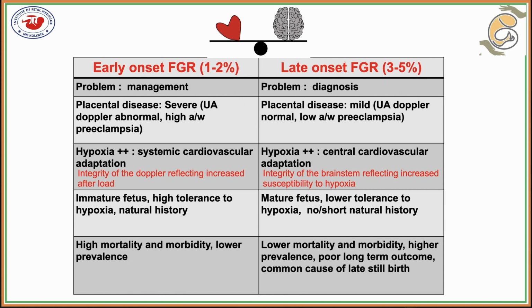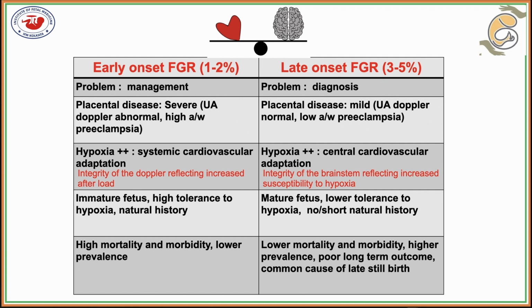That means there is increased afterload to the heart, and the heart has to pump against that resistance. So there will be more cardiovascular compromise in the early onset, because the heart is acting against a very high resistance umbilical artery. Right? And the heart is trying to compensate for that.